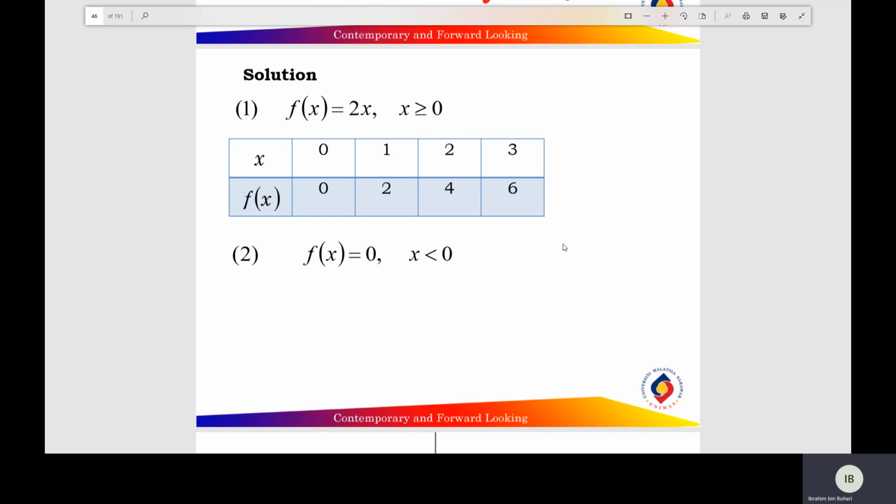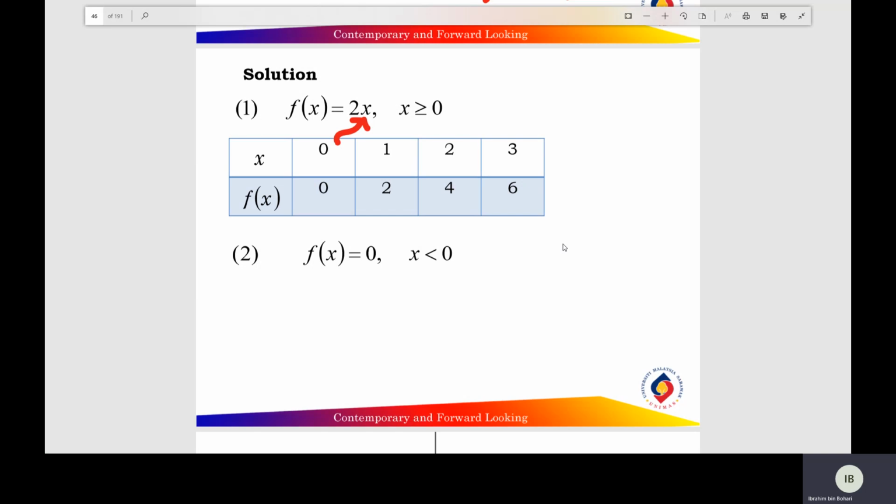Okay, and then the first function f(x) equals 2x, and the value of x here is greater than or equal to 0. Okay, so you draw the table, the value of x, and here is the value of y. So the first value here, x equals 0, and you substitute into the function, and the value of y here equals 0.